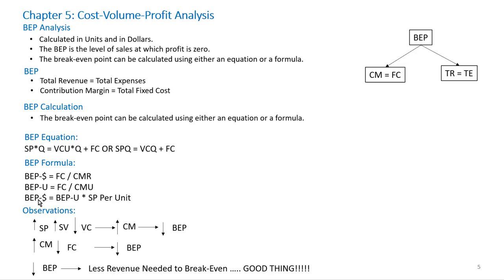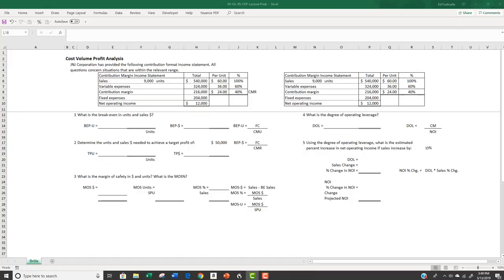So at this point, we know how to calculate break-evens both in terms of sales dollars as well as sales units. Once we know the break-even point, we also know that each additional unit sold will increase the company's profit by the amount of the contribution margin per unit times the additional units sold.